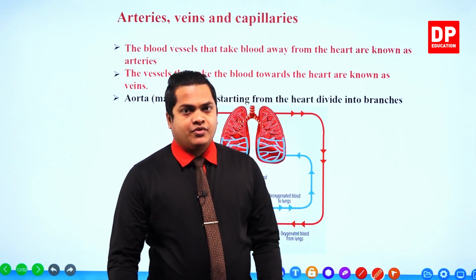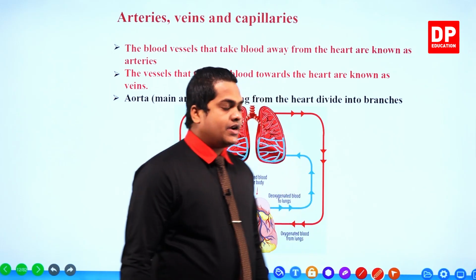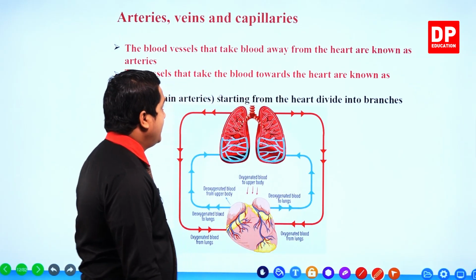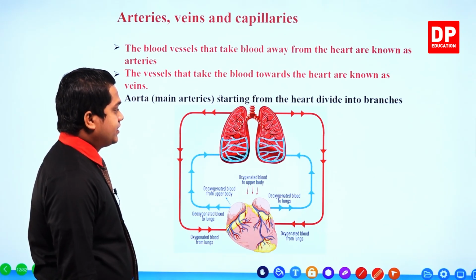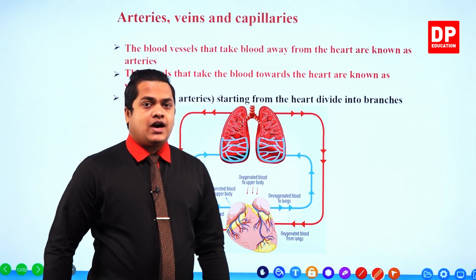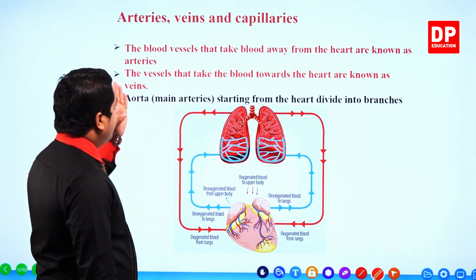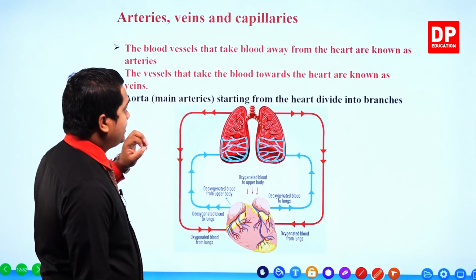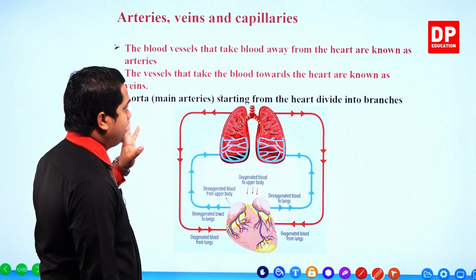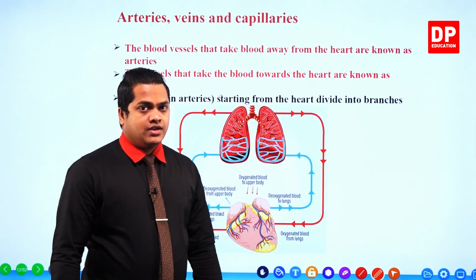Now it's time to go for the second new main topic regarding the lesson, which is the arteries, veins and capillaries. So already you know what are arteries and veins, right? Arteries, the blood vessels that take blood away from the heart, are known as arteries, okay?